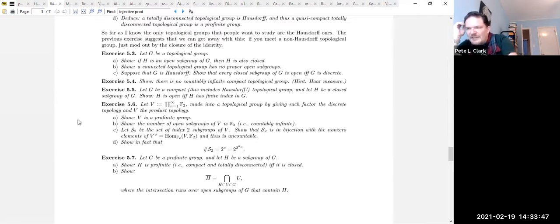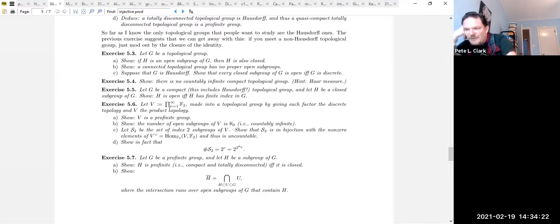Okay, so there's literally a bijection between index 2 subgroups of this group and non-zero elements of the dual space. And the dual space of a vector space always has larger dimension than the vector space if the vector space is infinite dimensional. Okay, that's a graduate level linear algebra fact. You don't even need that, I guess; certainly the vector space injects into its dual space, and this is uncountable.